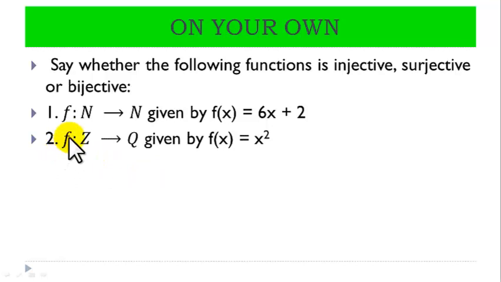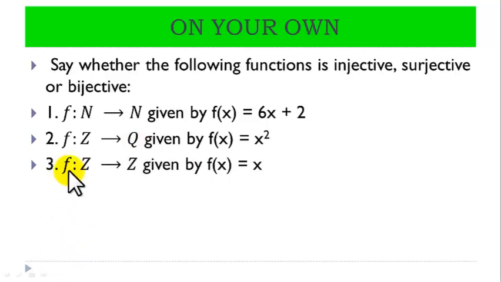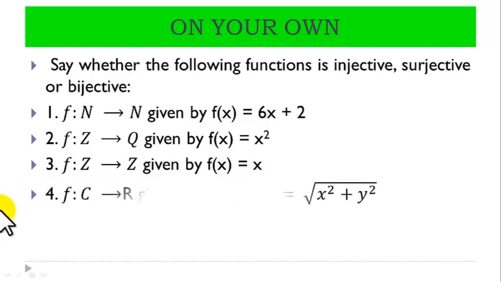2. The function f from Z to Q given by f of x equals x squared, where Z is a set of integers and Q is a set of rational numbers. 3. The function f from Z to Z given by f of x equals x, where Z is a set of integers. 4.